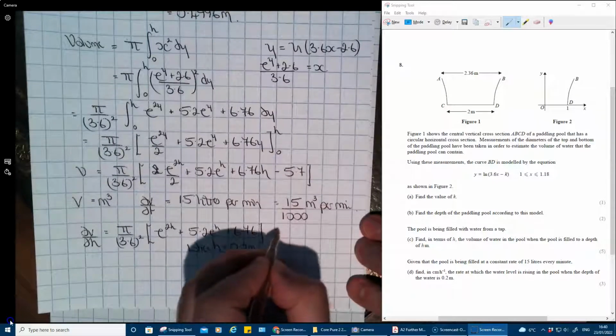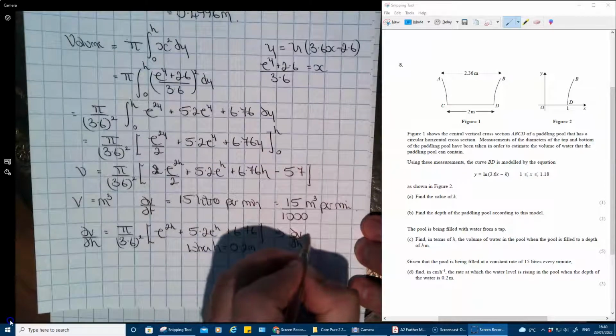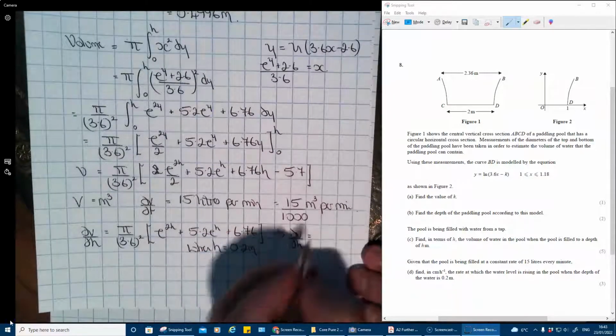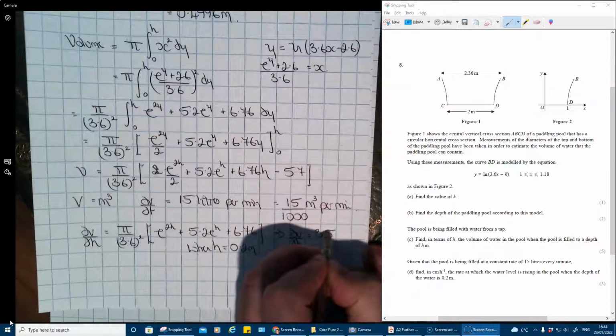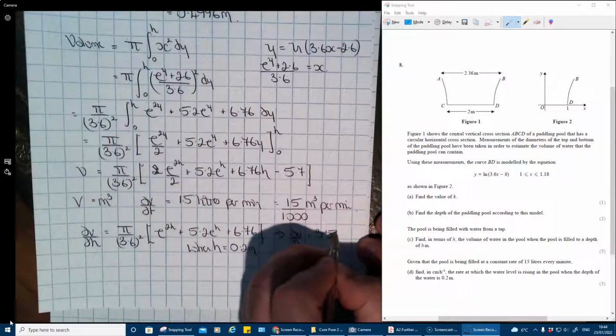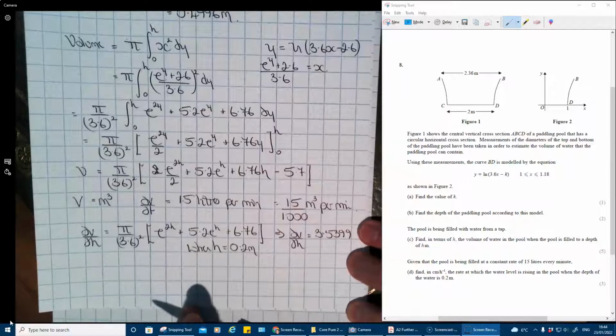That implies it comes out to be 3.5398. Okay, that's dV by dh.